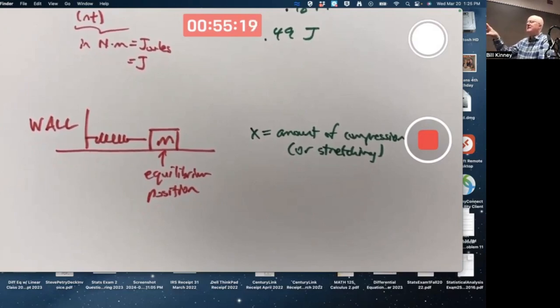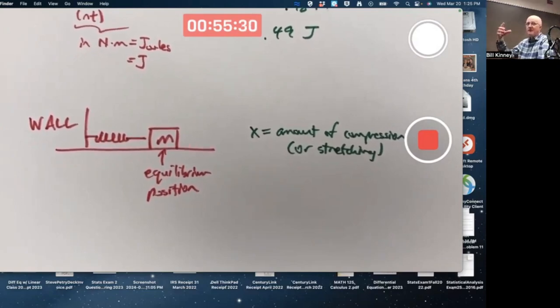If you were to try to pull this at a constant velocity, you have to keep applying more and more force because of the spring, because the restoring force of the spring gets larger and larger the more it gets stretched.